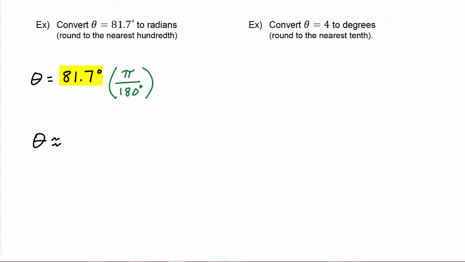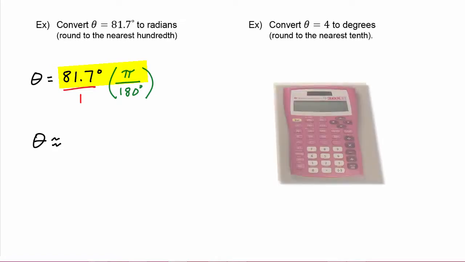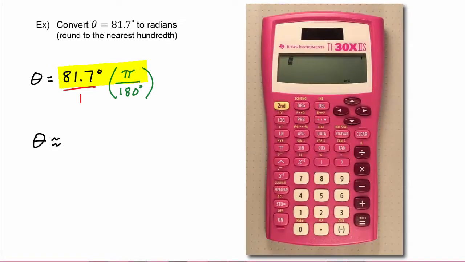So we know that 81.7 is the same as 81.7 over 1, and now we're going to multiply straight across. So grab your calculators. We've got 81.7 times, here's the pi button, then we'll have to divide by 180 and hit enter.